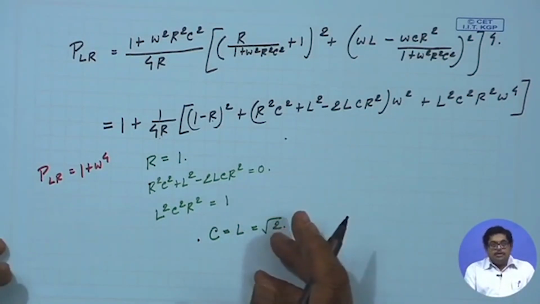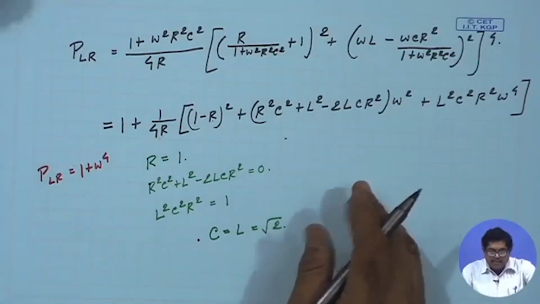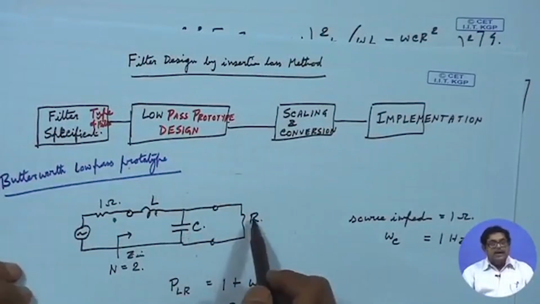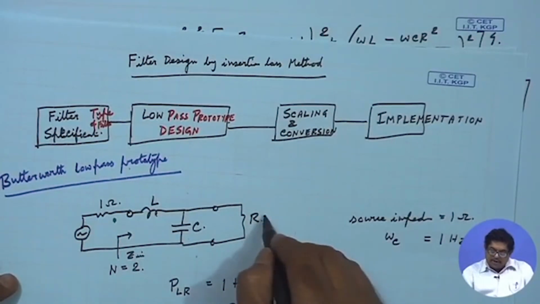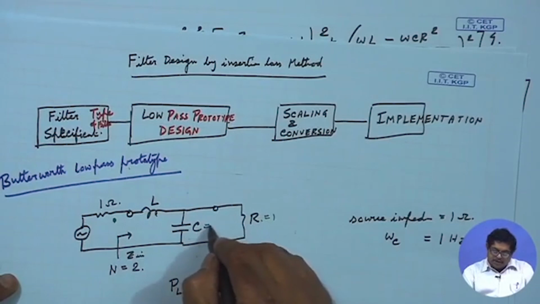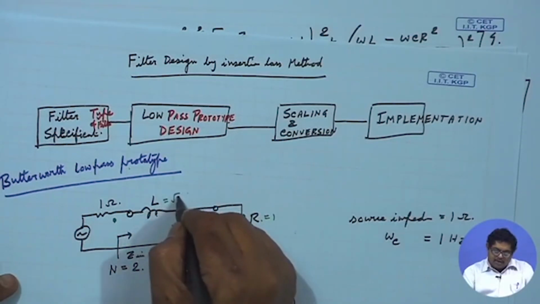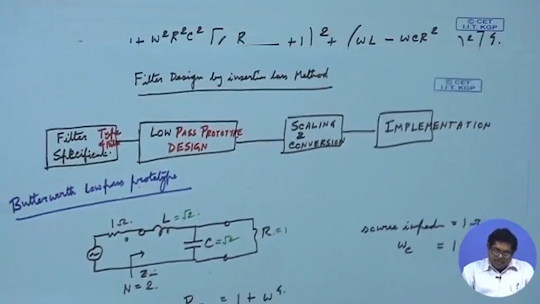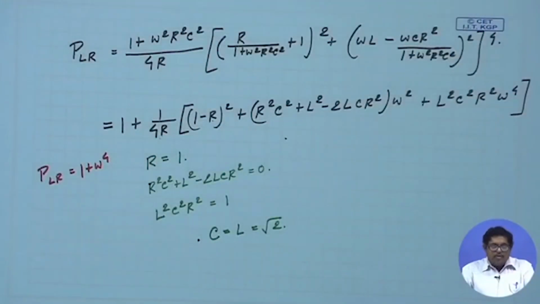I have solved it, because in my assumed circuit there were unknowns L, C and R. I have found that R is equal to 1, C is equal to root 2 and L is equal to root 2. So, this way you can do.